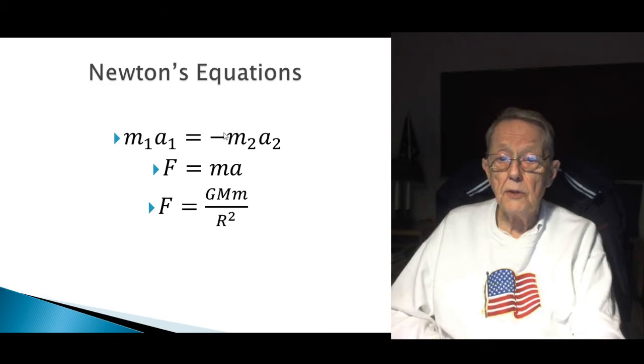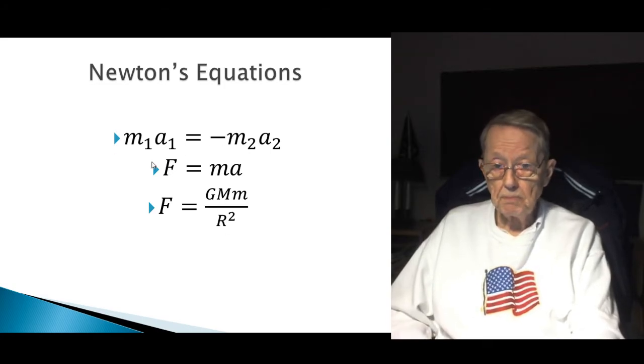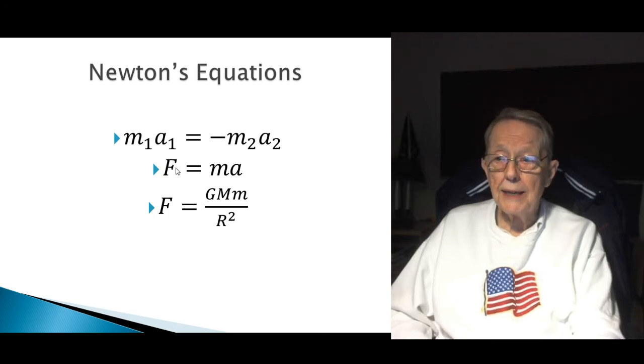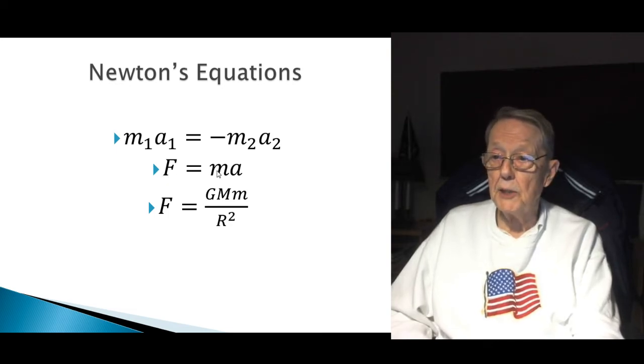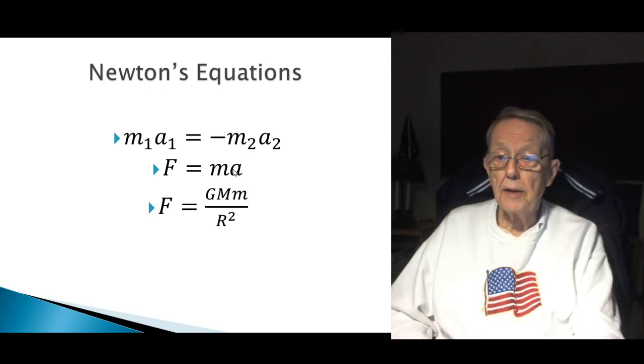So what does he do? He takes this term, or this term, it doesn't matter which, and he abstracts it. He says, I'm going to call it a force, and I'm going to say that force is equal to the mass of the object that I see moving times the acceleration of that object.